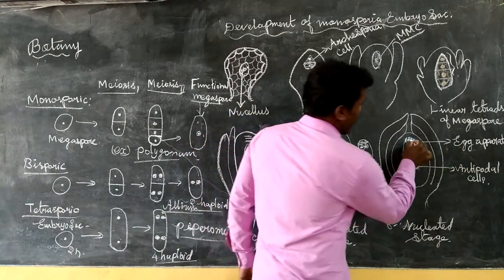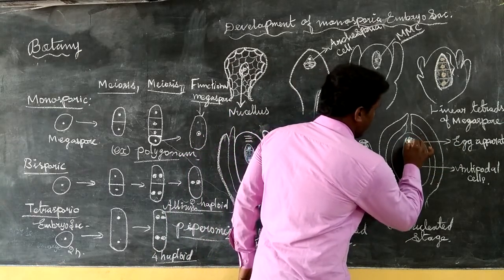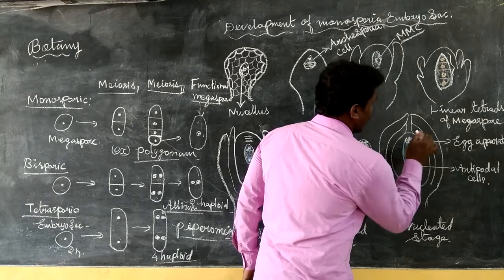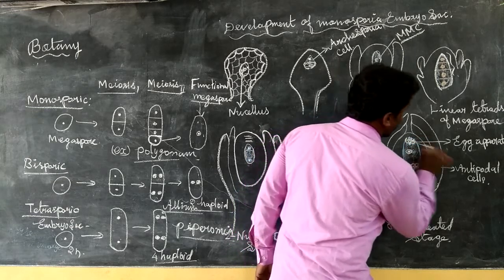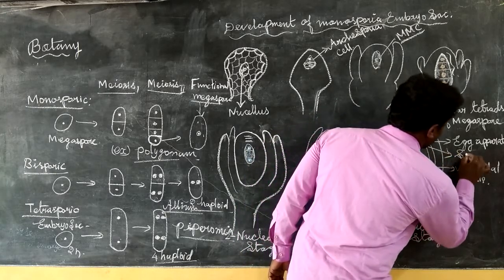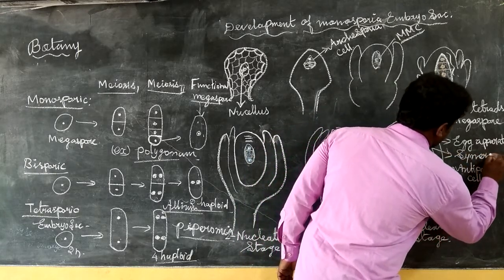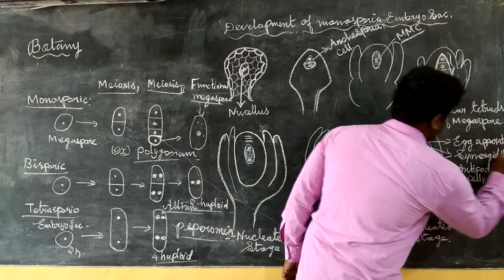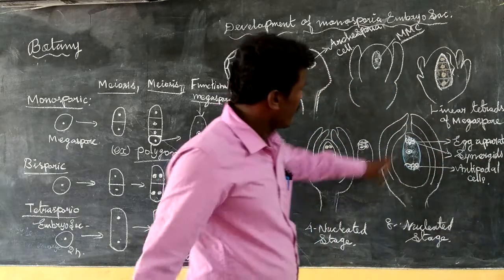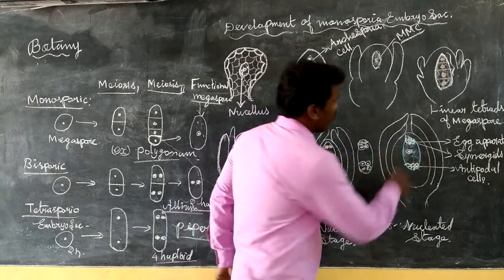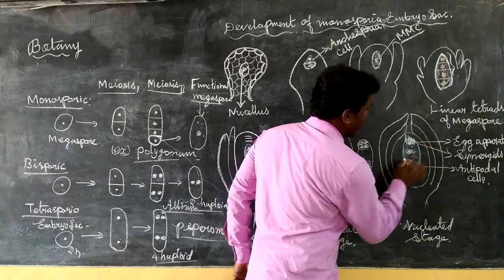Okay. Among these three, two of them are said to be synergid cells. One large sized cell is present at the middle.